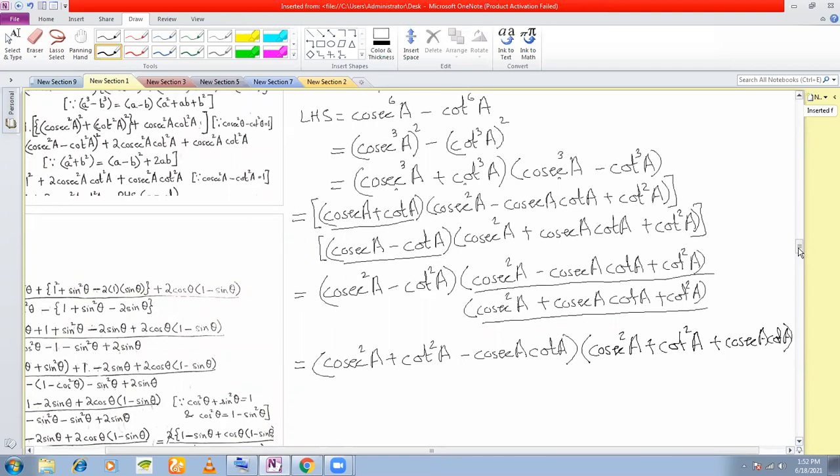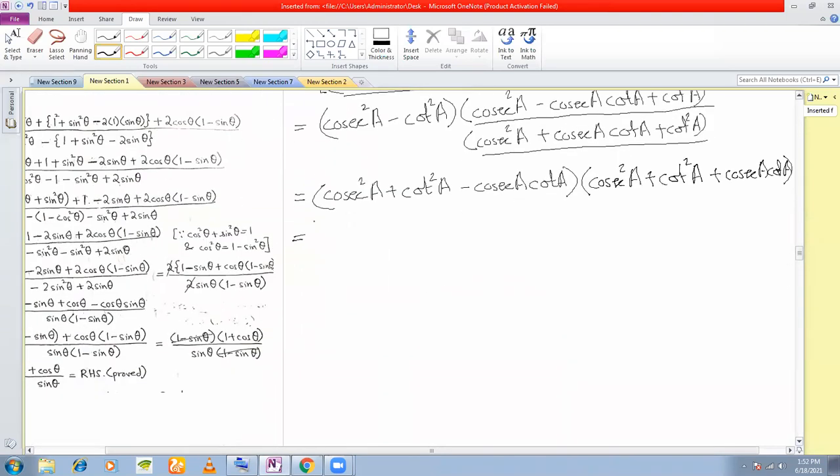Right? Now, if you consider this as your A and this as your B, so this is A minus B, and this is A plus B, which is again equal to A square minus B square.